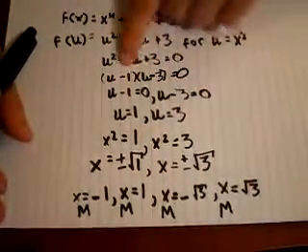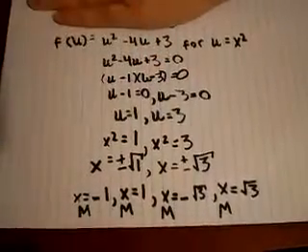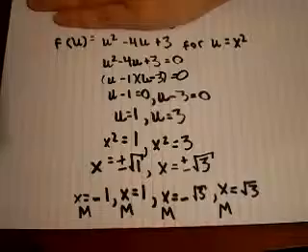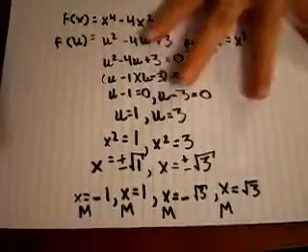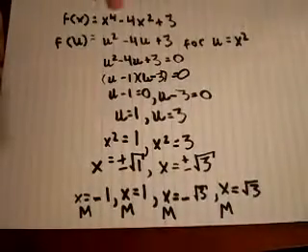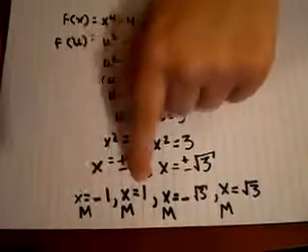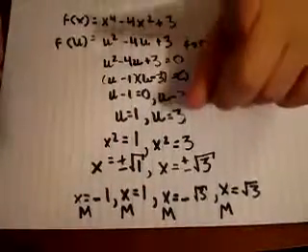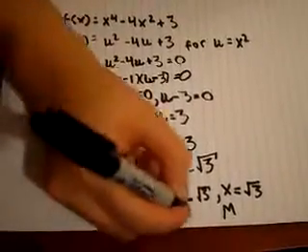Now, if it was like that, then it would be 1, 1 for the u. But it's x to the 4 in the beginning, so we need 4 zeros. Remember, when you sum up all of your multiplicities, it should equal the degree of the polynomial. Each of these x's only occurred once. This is multiplicity 1, 1, 1, 1.